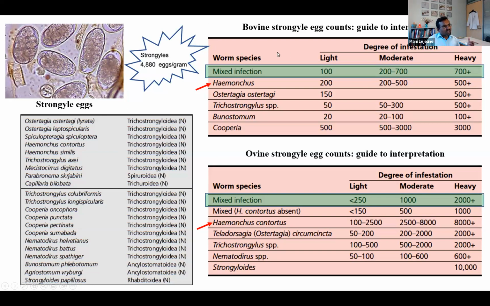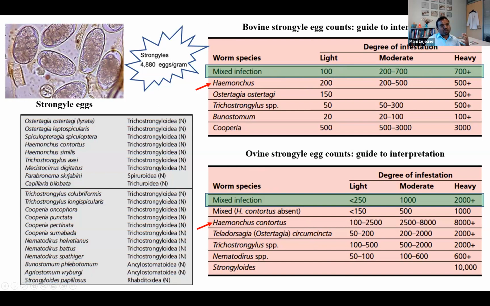On this slide I have the guide to interpretation, based on information published in a veterinary parasitology book. I've seen other references which mention differently, but I stick with this reference. In cattle, if you have a mixed infection, anything around 100 eggs per gram is considered light, 200 to 700 moderate, and above 700 heavy.